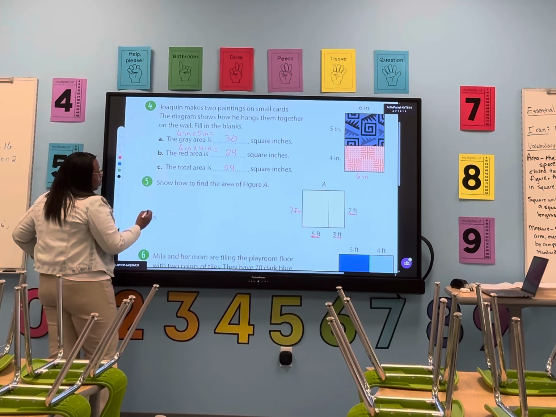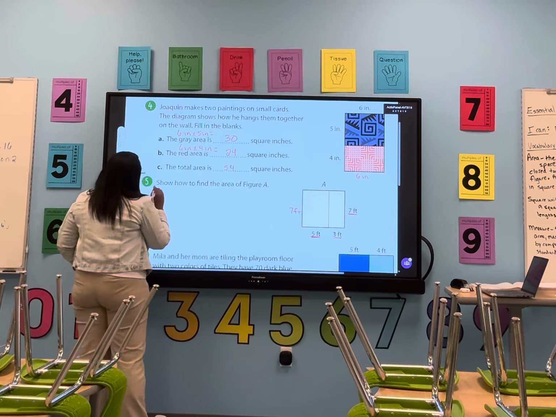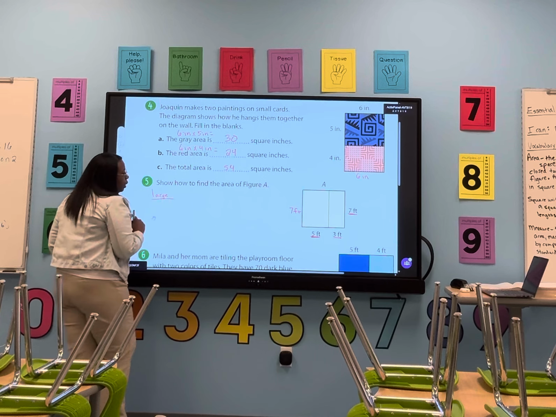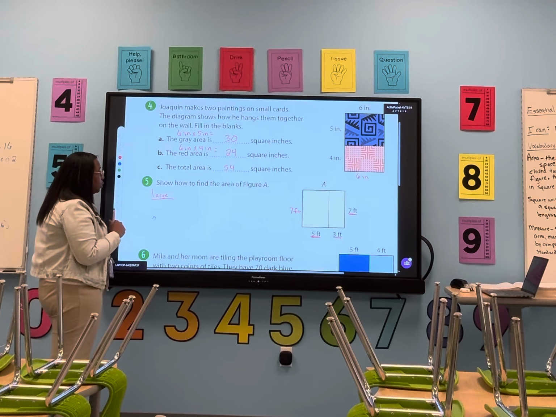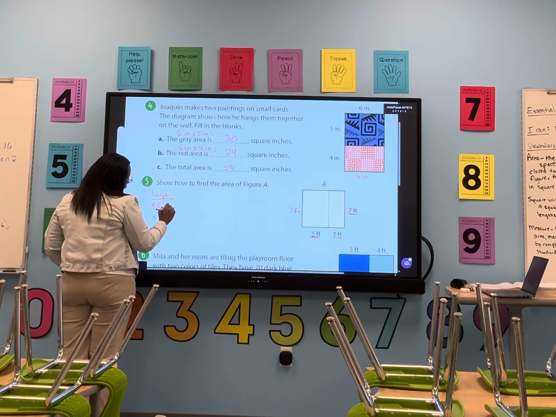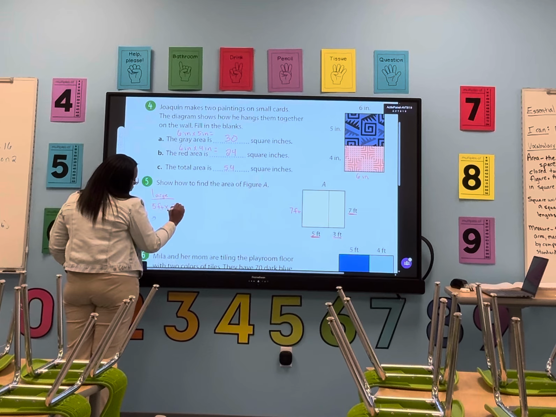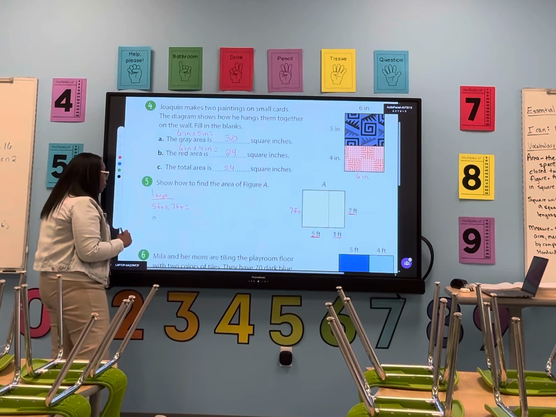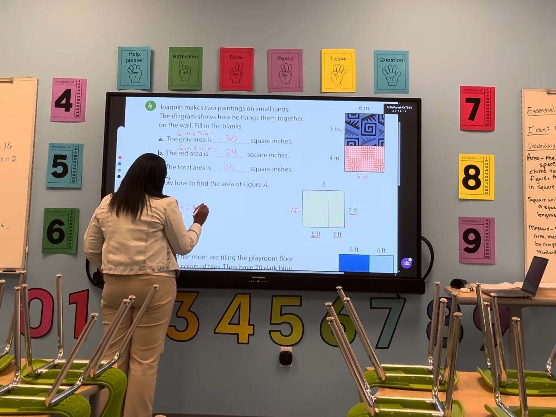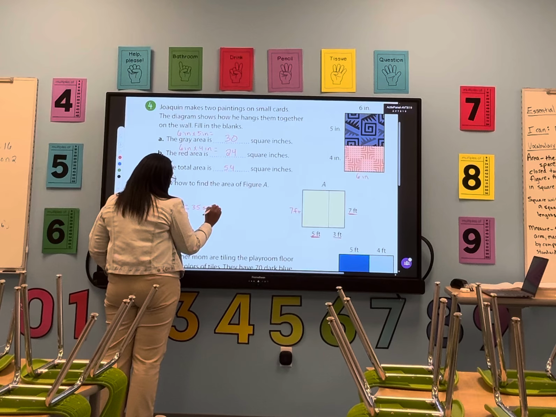All we have to do is go ahead and solve the problem. So I'm going to start with, since the larger one is first, I'm going to write large. Okay. And then I'm going to multiply the length times the width. So the length is 5 feet times the width, which is 7 feet. And when I multiply that, 5 feet times 7 feet, this will give me an answer of 35 square feet.